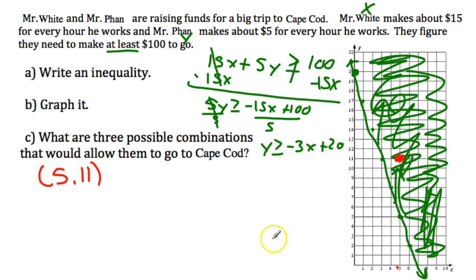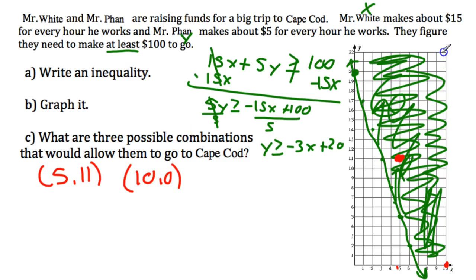So that point works. So that'll be if Mr. White worked 5 hours, and Mr. Fawn worked 11. Right? That one works. This point over here, this is also above that line. That point is 10, 0. That means Mr. White works 10 hours, and Mr. Fawn works 0.